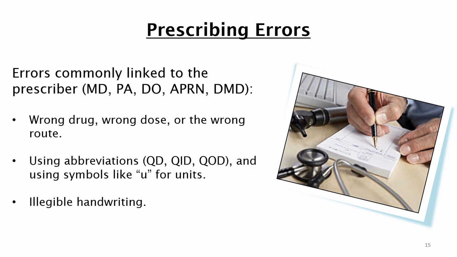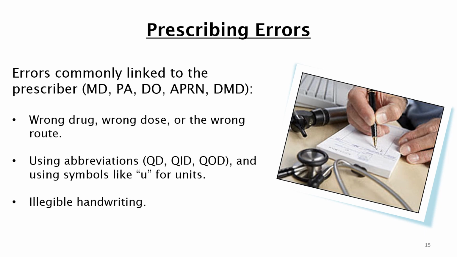Prescribing errors. So these are errors written by your advanced practitioner. So it could be your doctor, your PA, your nurse practitioner, your dentist. What did they write? Maybe they wrote the wrong drug, the wrong dosage, the wrong route, or they used the wrong abbreviations, or the abbreviations were misinterpreted.